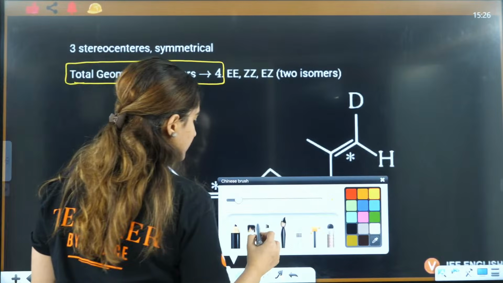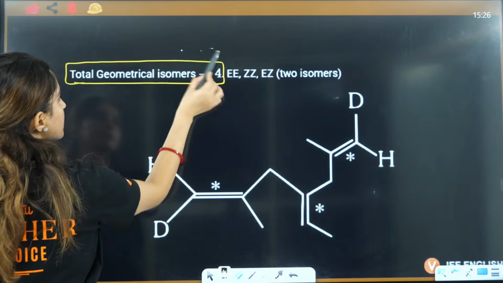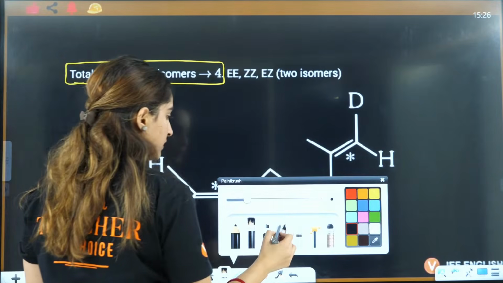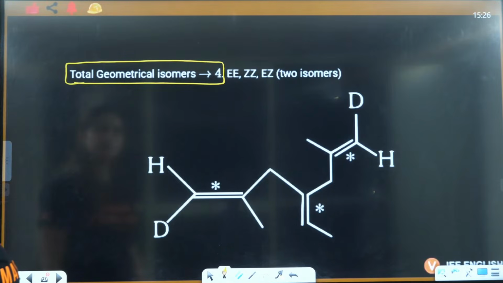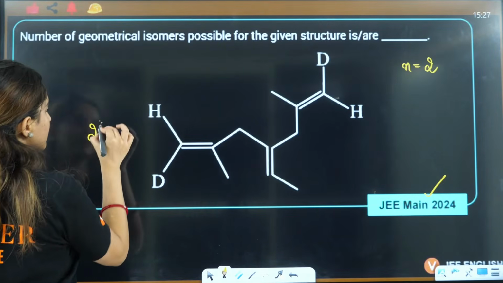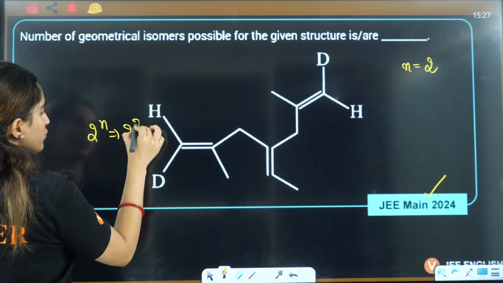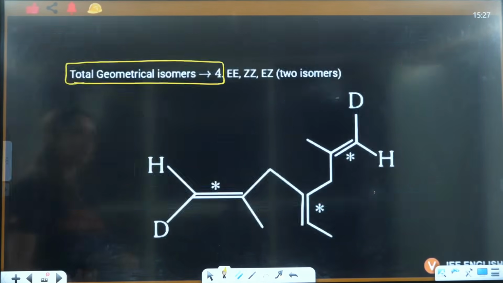Just look at this thing here, that this is an asymmetrical molecule which will have 2 raised to power n, that is 2 raised to power 2, that is 4. So the number of geometrical isomers is 4, the correct answer here. Right, everybody? Got it?